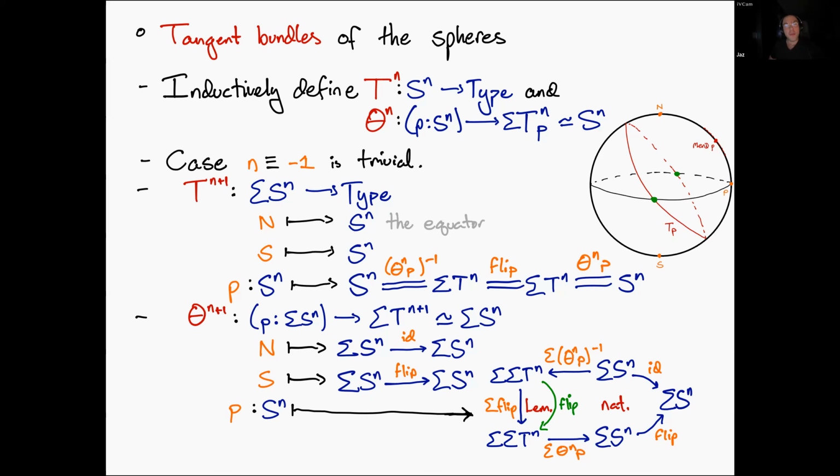Now, if we're at the South Pole, the equator is the same, but it is flipped, right? We need to change coordinates from the one that takes the South Pole to the North Pole. So we're going to just flip the South Pole and the North Pole in our suspension.